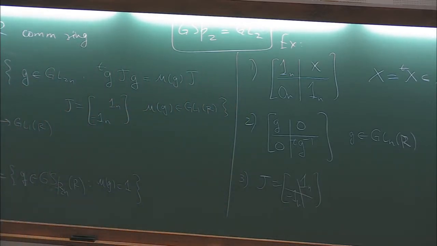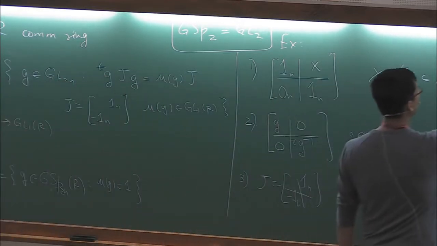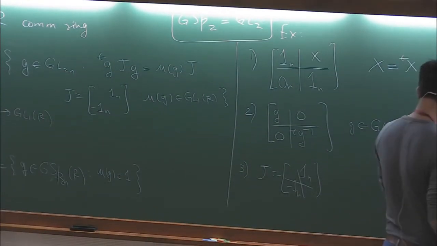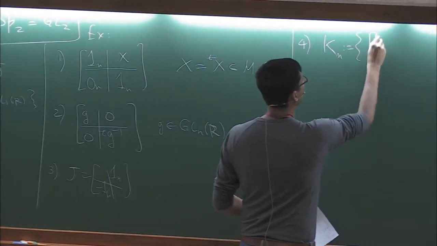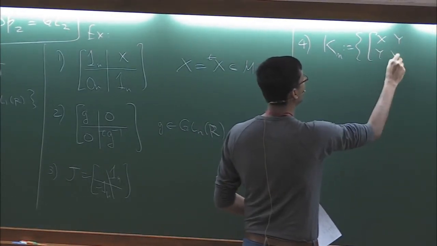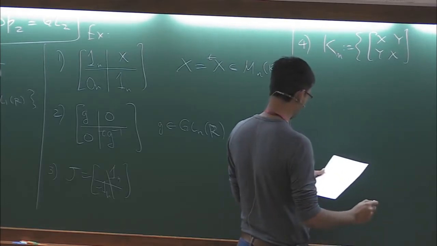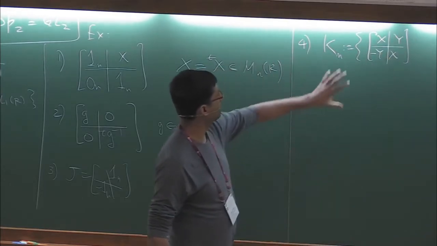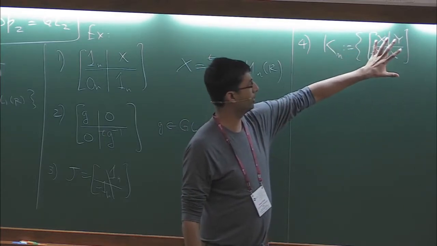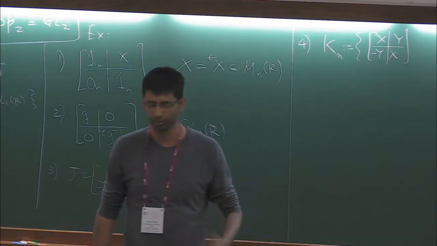And one more example I want to write down. Kn is how I denote it: X, Y, minus Y, X. So when I write down blocks like this, it means I am breaking down the 2n by 2n matrix into n by n blocks.